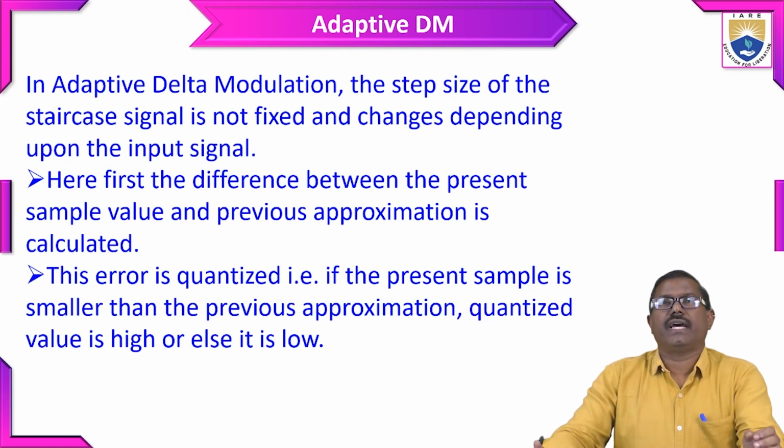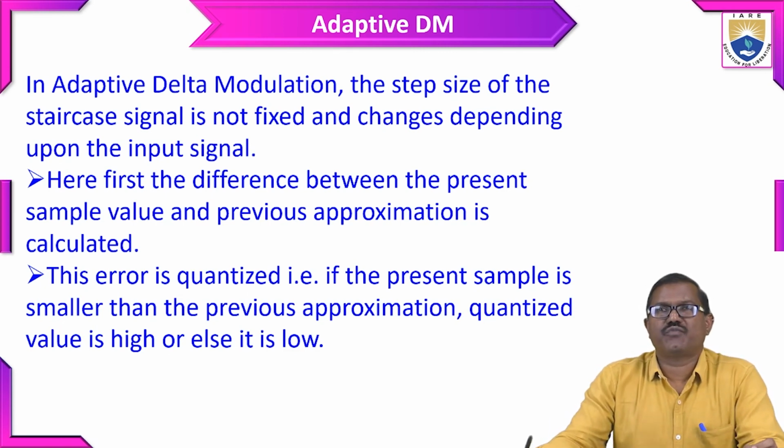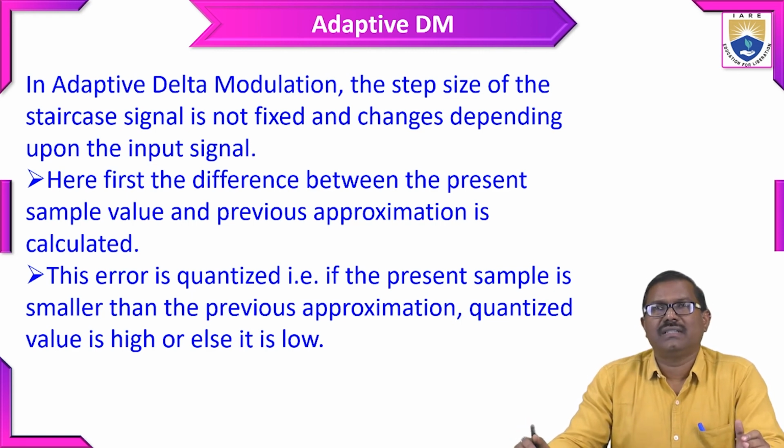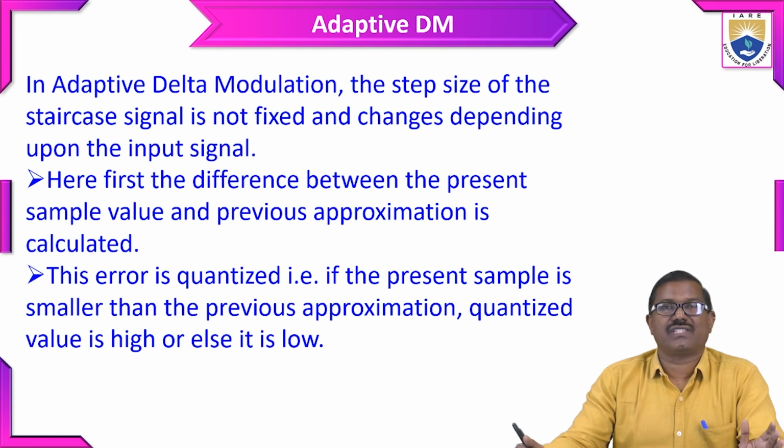So in adaptive delta modulation, the step size of the staircase signal is not fixed and changes depending upon the input signal. So that is adaptiveness. Depending on the input signal, I am going to increase the step size of the staircase.